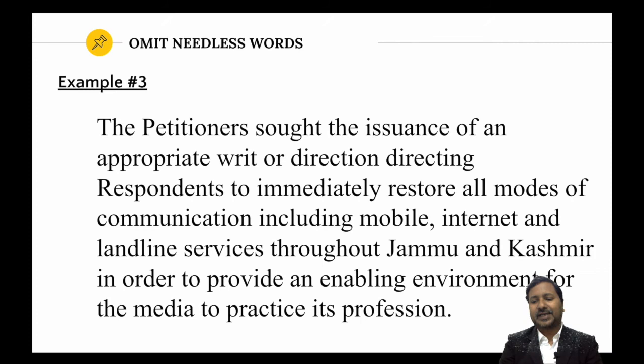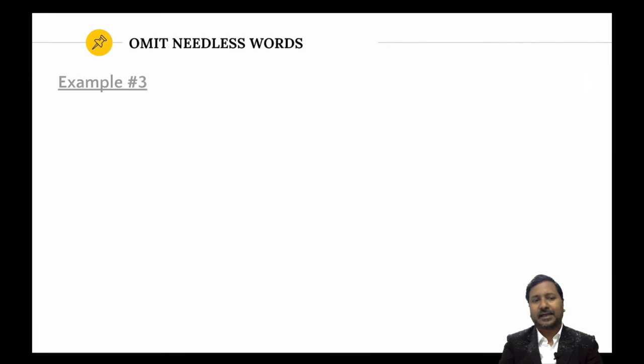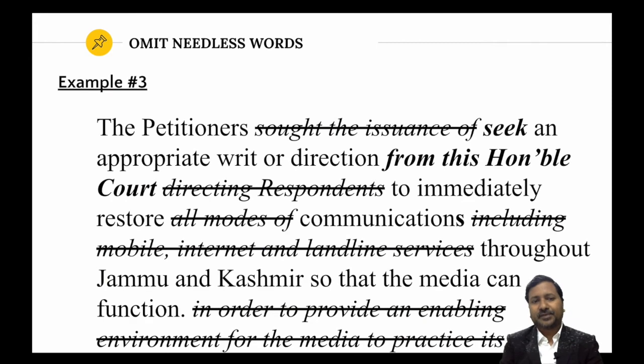So now let's attempt to rewrite the sentence. We have 44 words in this original sentence, and let us try. The petitioners seek an appropriate writ or direction, because when you have petitioners you have respondents, and you can seek a writ or direction from the honorable court.